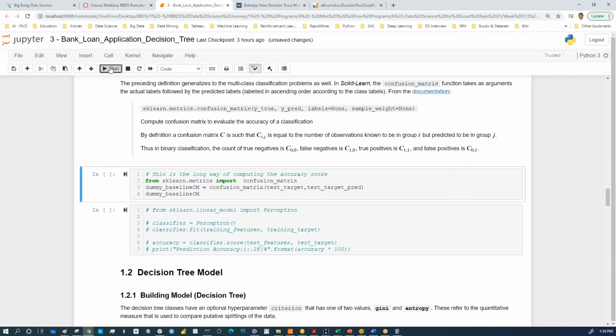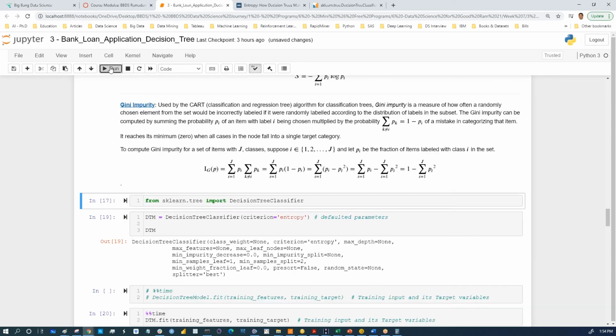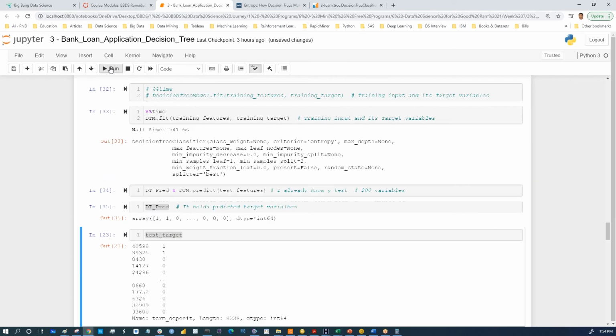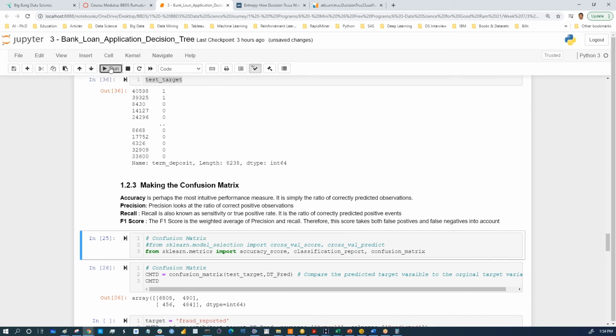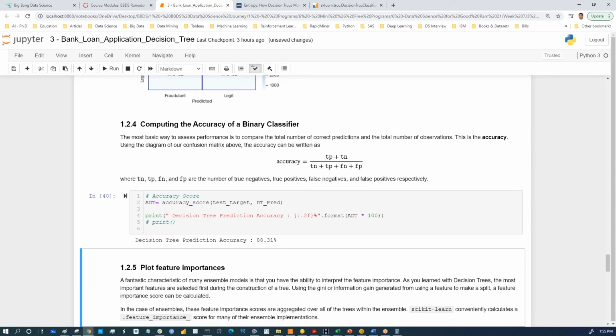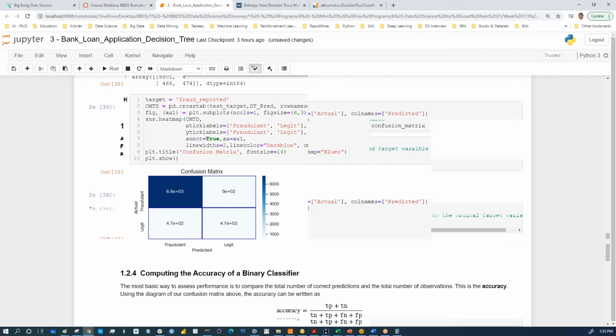Yeah, that's what I was going to say, because it's not 89, it's 88.5, which is worse. So if it's worse, then of course, this is the confusion matrix, and we can improve that. 88.31. It's almost the same.